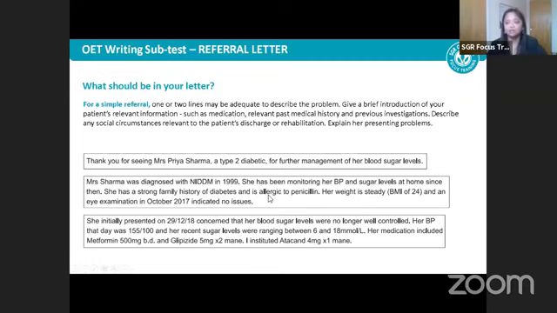Now that she has been introduced, we are now going to start with the chronological information about her diabetes. So you're going to provide information about the initial presentation, what happened then, what the results are, etc.